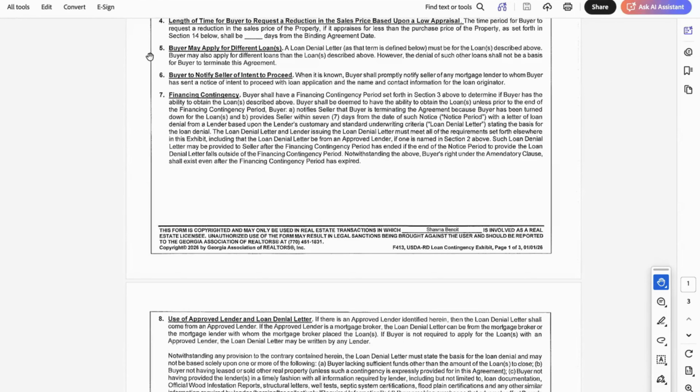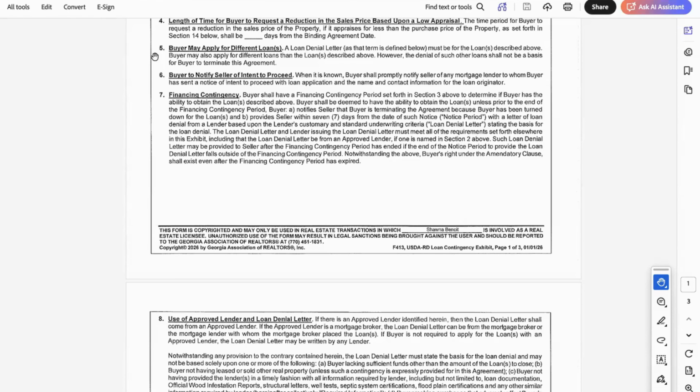5, buyer may apply for different loans. Buyer can apply for different loans, but they cannot terminate unless they are denied for the specific USDA loan described in Section 1.